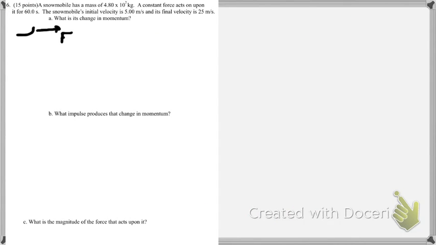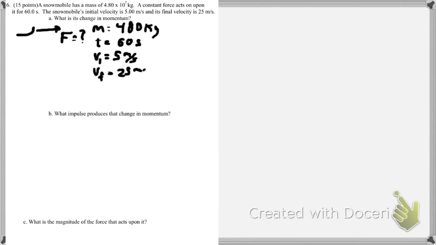Alright, for our bobsled, it's going along with some unknown force. The mass is 480 kilograms. It's accelerating for 60 seconds with an initial velocity of 5 meters per second and a final velocity of 25 meters per second.